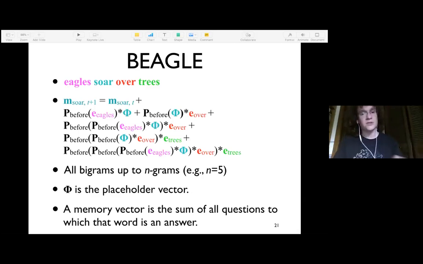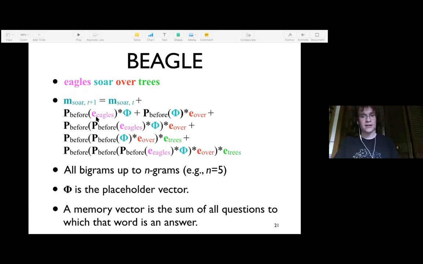So given the sentence, eagles soar over trees, we need to update the memory vectors for eagles, soar, over, and trees. The way to update the memory vector for soar is we replace soar with essentially a blank, a special vector we call the placeholder vector. And then we encode all bigrams, all trigrams, and all tetragrams in this sentence using convolution. We associate using circular convolution, since we're using holographic reduced representations, but you could use any kind of binding operator here if you wanted.